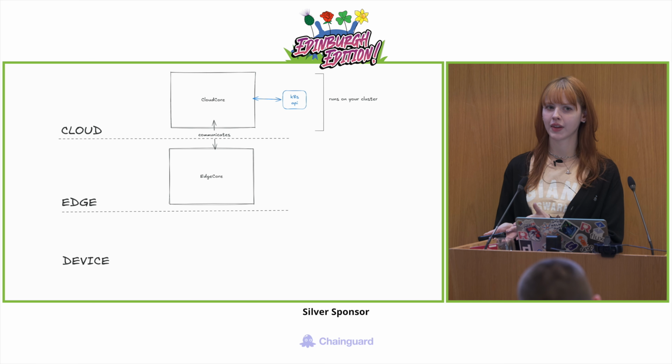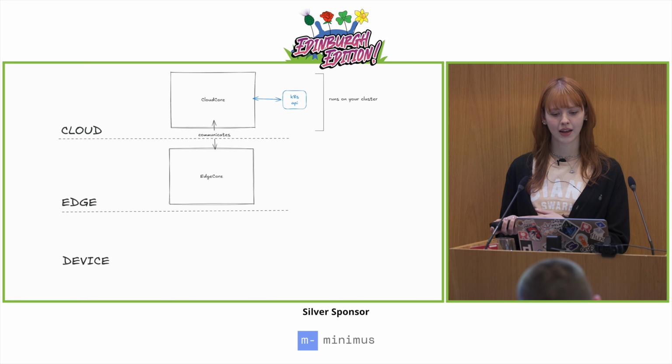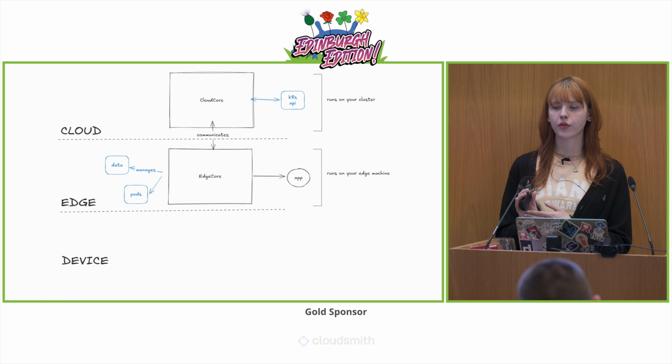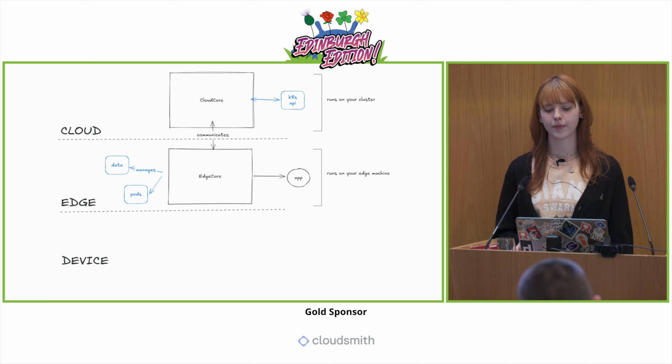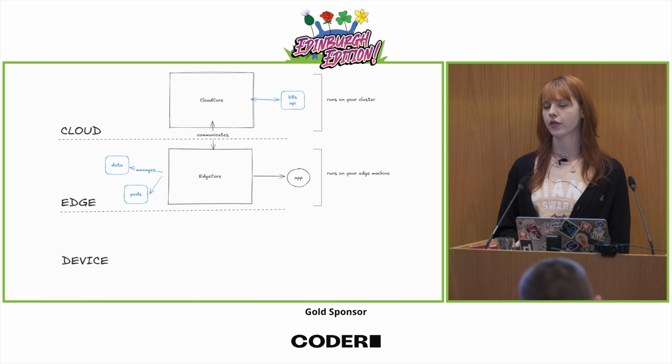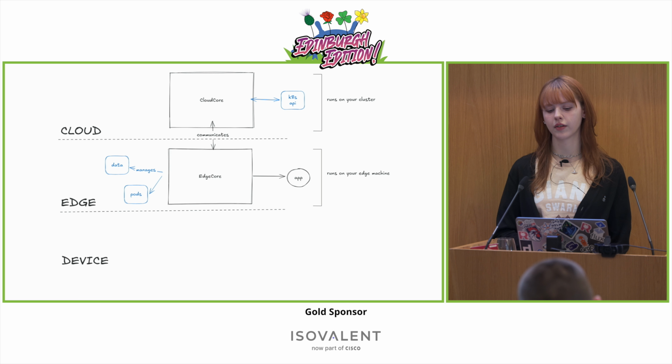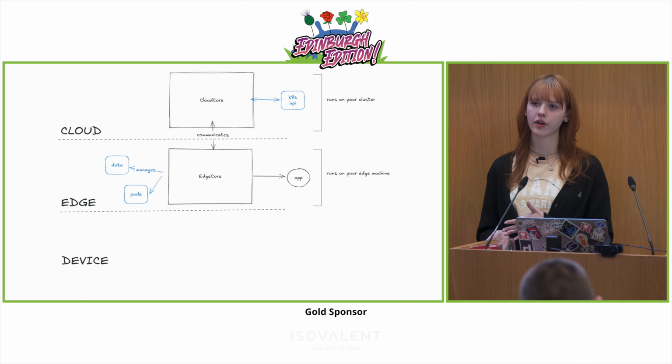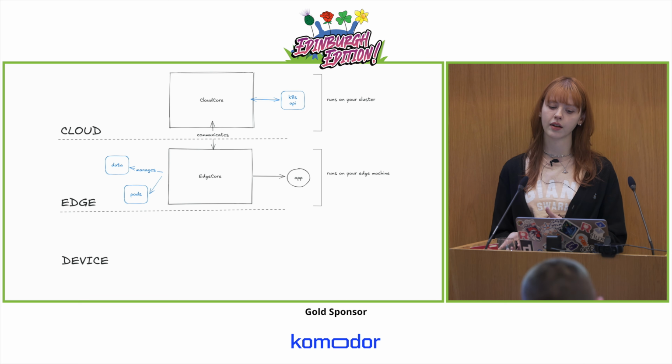Again, this could be toll stations or satellites or something like that. The edge nodes join your Kubernetes cluster by connecting to the cloud core, and they actually show up as normal Kubernetes nodes. They do have a special label on them, so you can schedule your workloads accordingly. And the edge core is installed on your machine as a single binary.